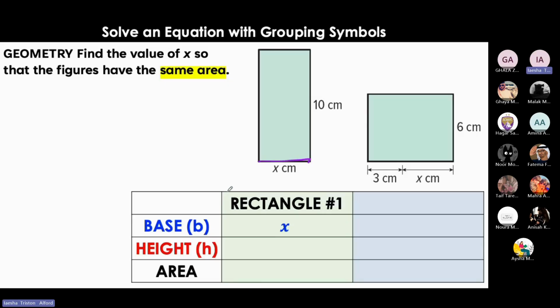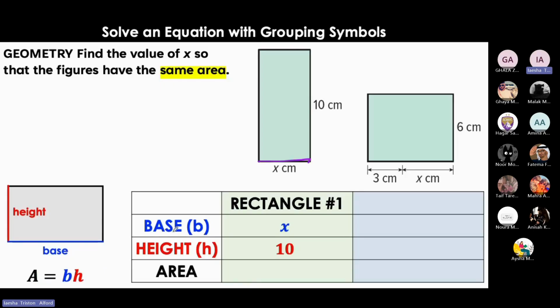Then we want the height. Positive 10. Remember, the area of a rectangle is base times height. So x times 10.